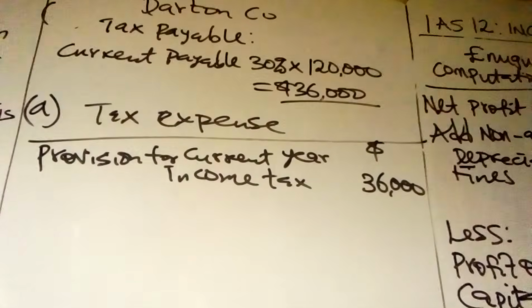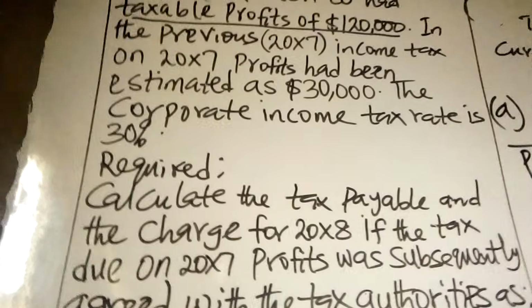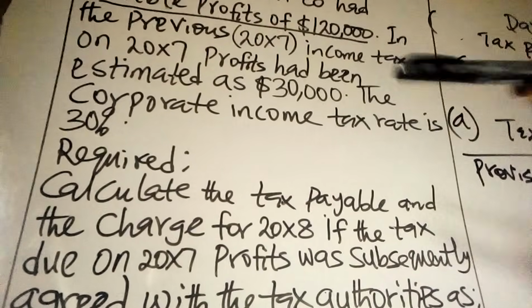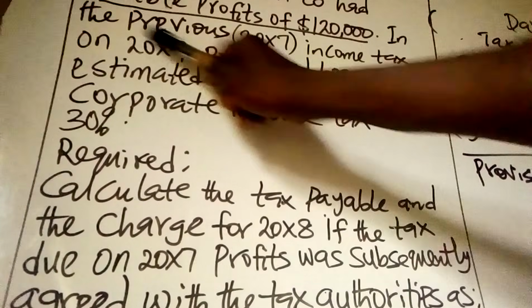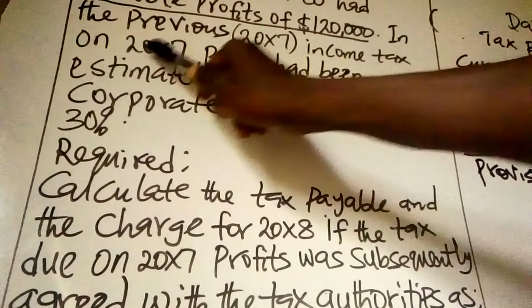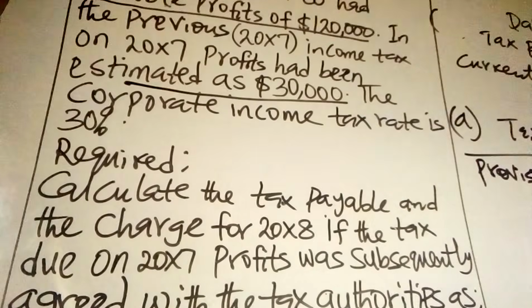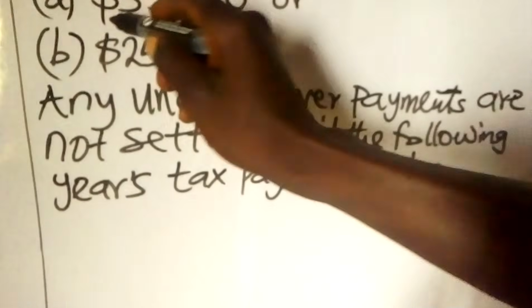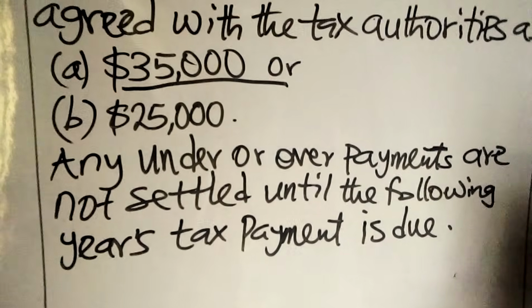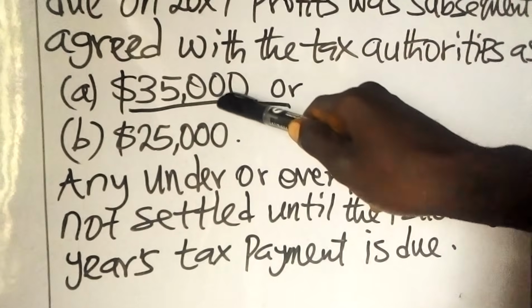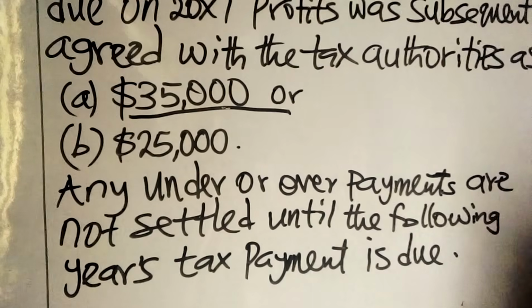Then I said you add under provision for prior year. Now let's check prior year. Prior year is 20x7. Income tax on 20x7 profit had been estimated as 30,000. This is the provision for 20x7, but now agreed as 35,000. That means the provision made for 20x7 is less than the actual amount agreed with the tax authority. That means the provision is under.